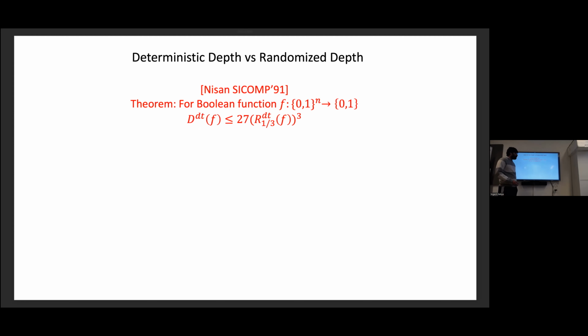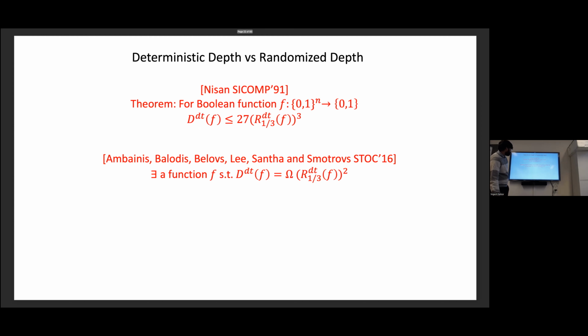And the answer to the first question was given by the celebrated work of Nisan, where Nisan showed that deterministic depth and randomized depth are cubically related. So if you have a lower bound on the deterministic depth, then up to a polynomial, you have essentially a good lower bound for the randomized depth as well.